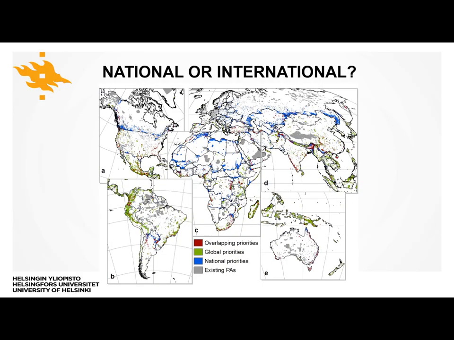Yep. Then still another quick point on the projections. I talked about Robinson not being very good, well, it is very good for global presentations. But then we wanted to show where the global priorities are, following the global model and 17% from there, then following the national model, 17% from there, and where they would be overlapping.